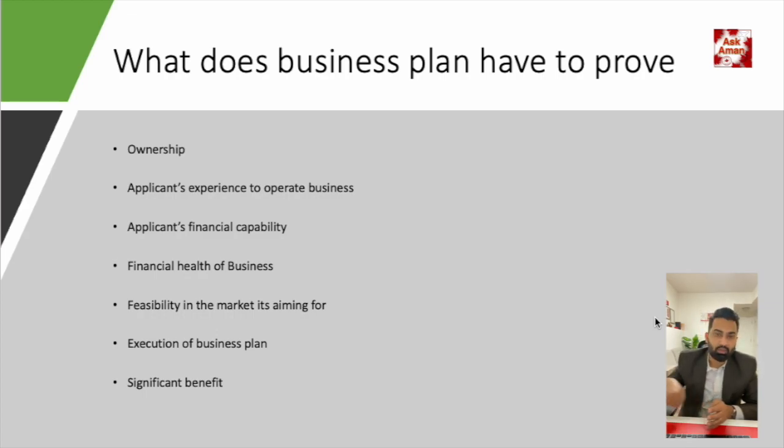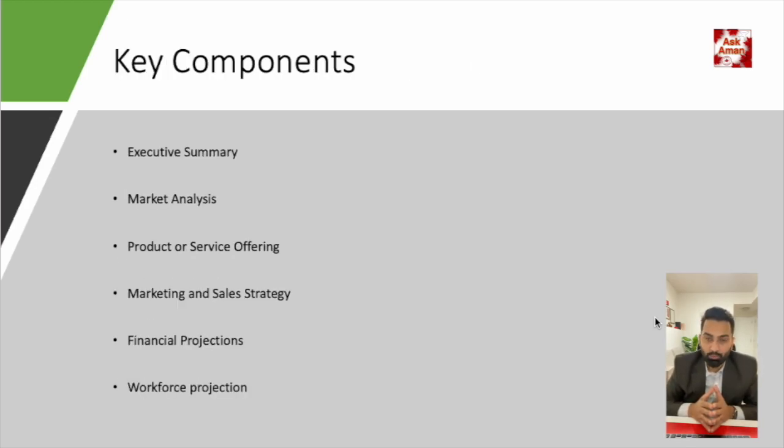So all of these communities, say 200,000 strong, do not have to travel half an hour or 1 hour. All of their necessities are going to be fulfilled in about a 15 minutes drive from wherever they are living. That becomes a significant social benefit for that community inside Canada, and that could be categorized under the significant benefit requirement, other than the economic benefit you're going to bring to that community.